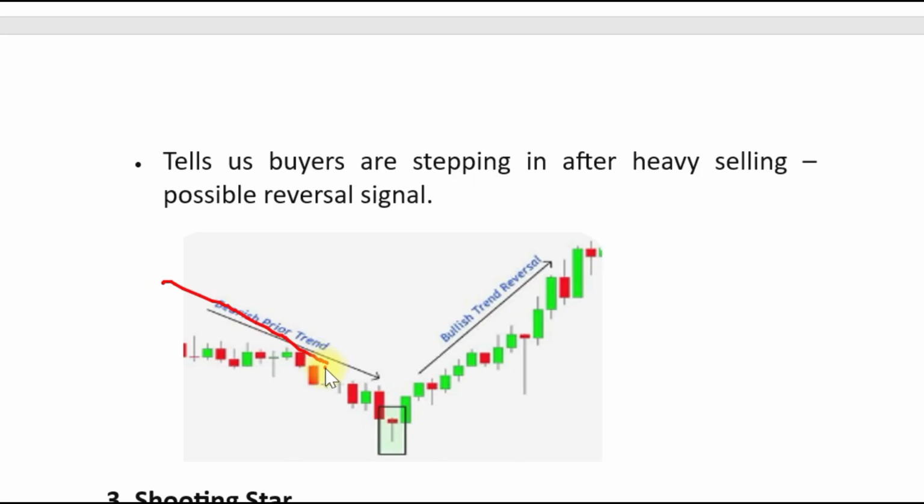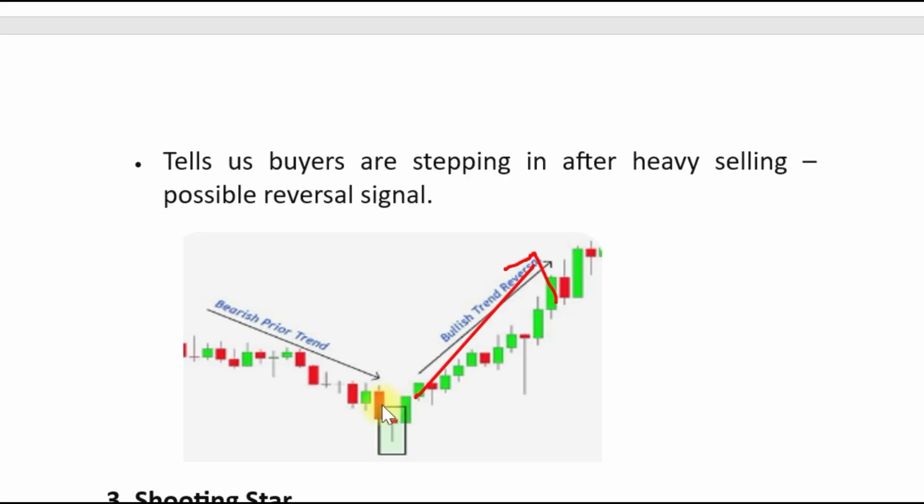For the hammer, the market should be in a downtrend. The last candle must be red, and a candle which looks like a hammer with a long tail formed at the bottom side, then we take a buy position.